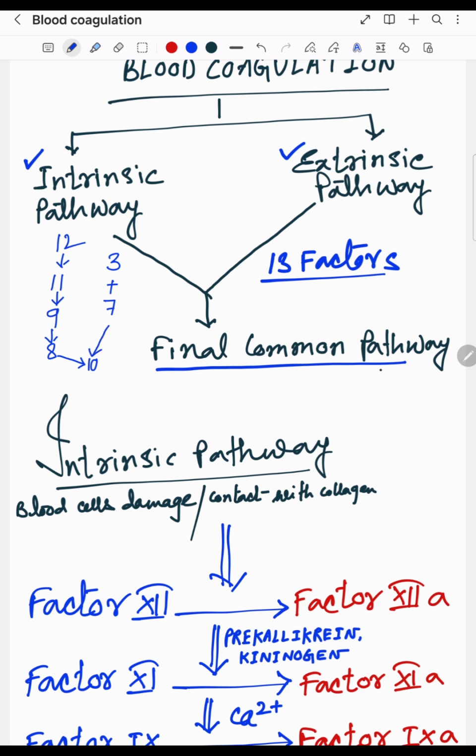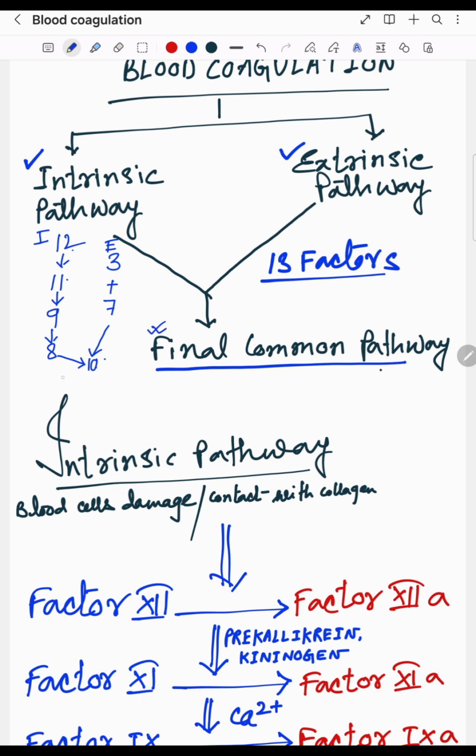So this will be the activation of the extrinsic pathway. It's extrinsic and it's intrinsic. For the intrinsic pathway there will be activation of 12, 11, 9, 8, 10, and here 3 plus 7 activates 10. And then the final common pathway.